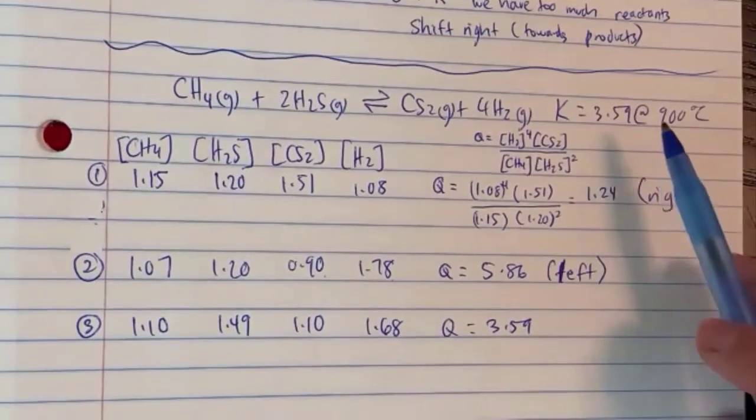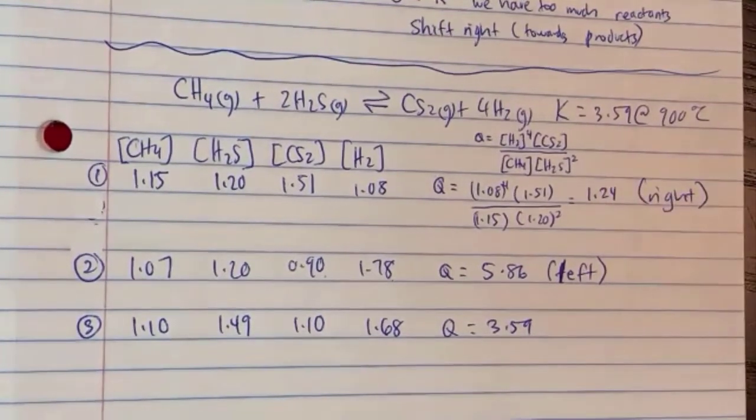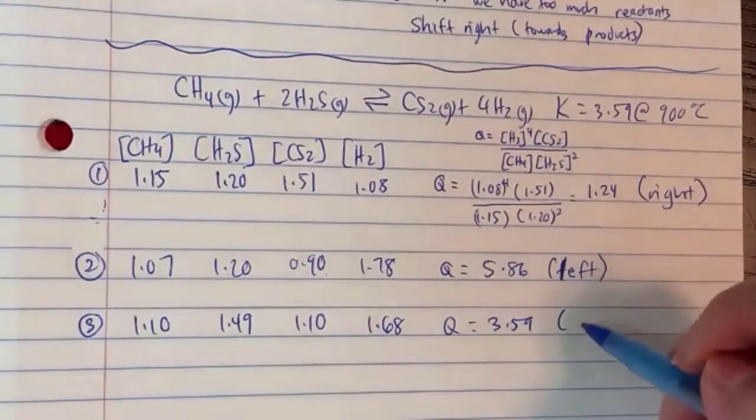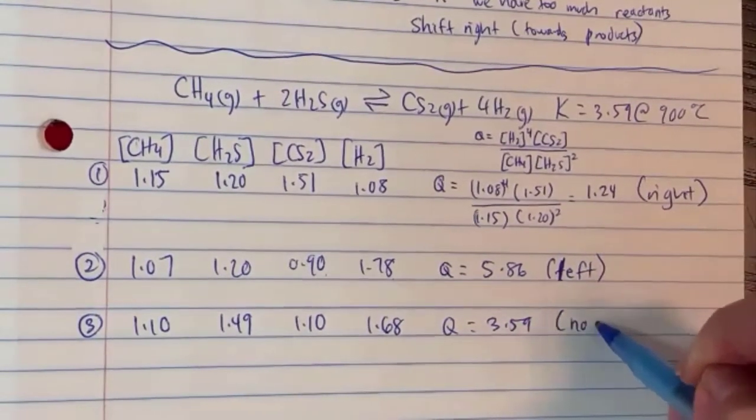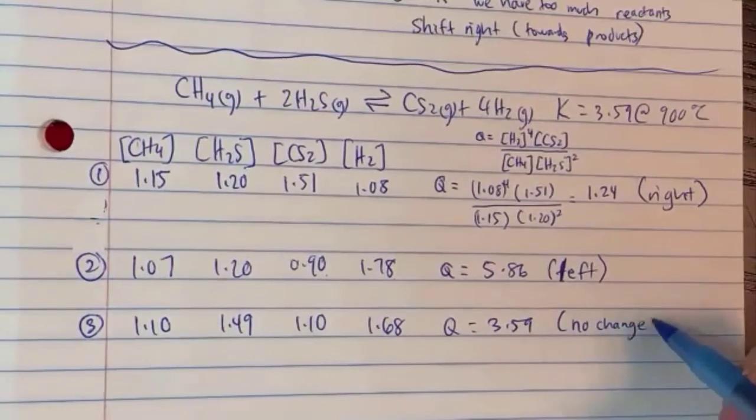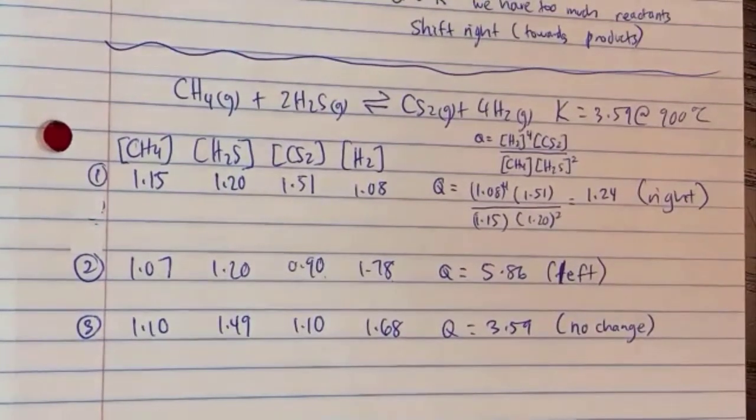This one is exactly the same as that now. So yes, the same. So it's no change because it's already at equilibrium. All right, perfect. So just kind of keep this in mind, okay? So we kind of need to know which way things are going to change.